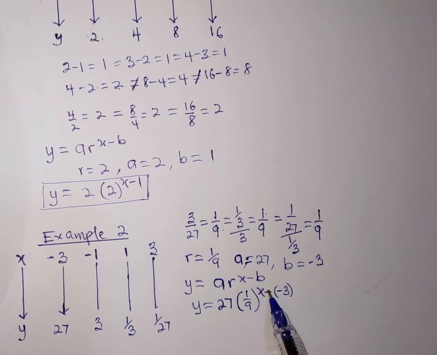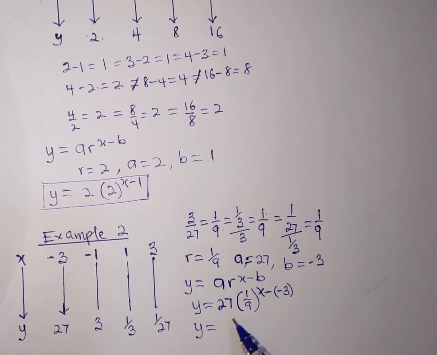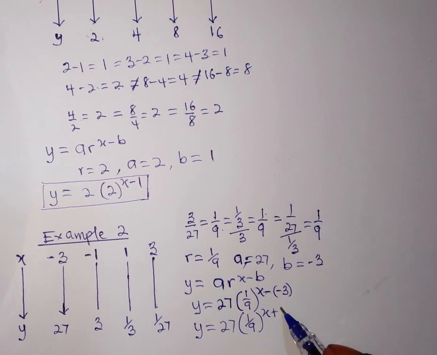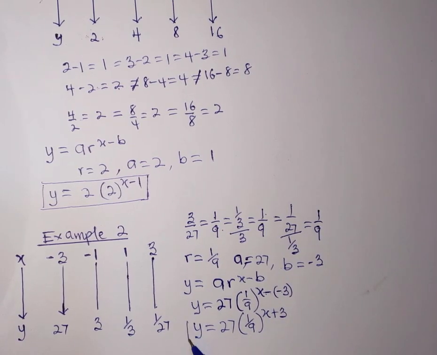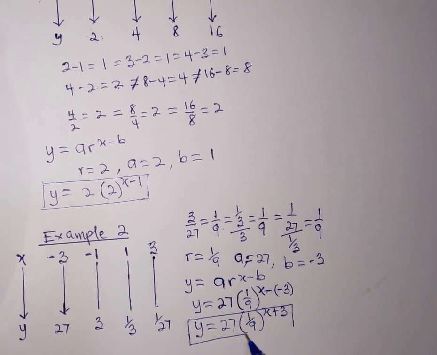Good. Now since we have a negative here, if I open the brackets, then my final rule is going to be 27 multiplying 1 on 9 exponent x plus 3. Good. So this also gives the rule for such exponential mapping. Very simple.